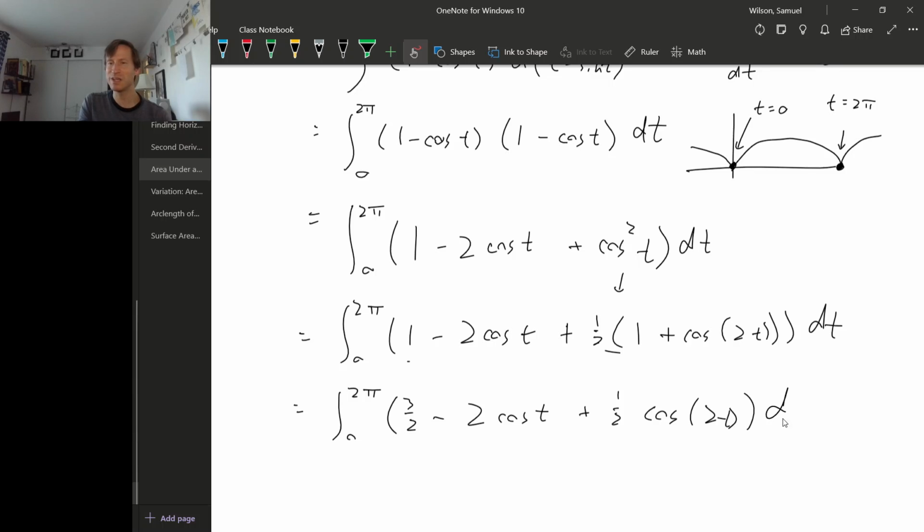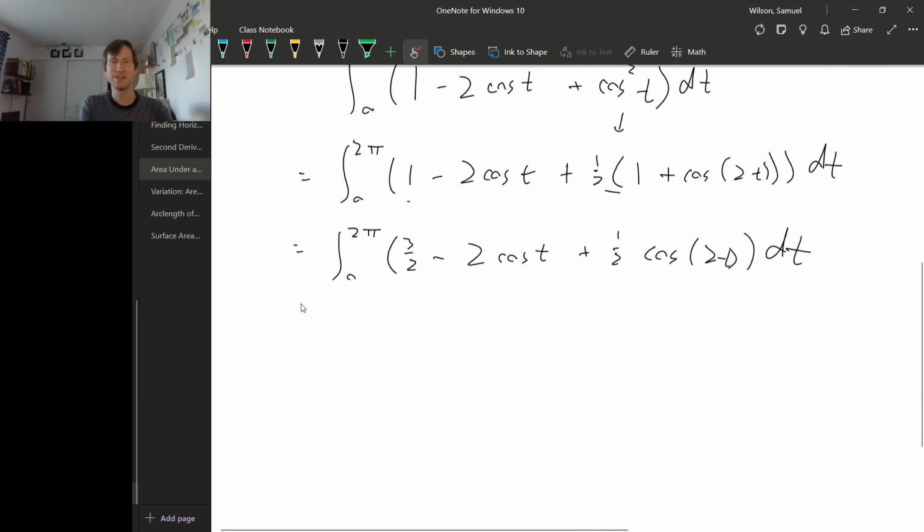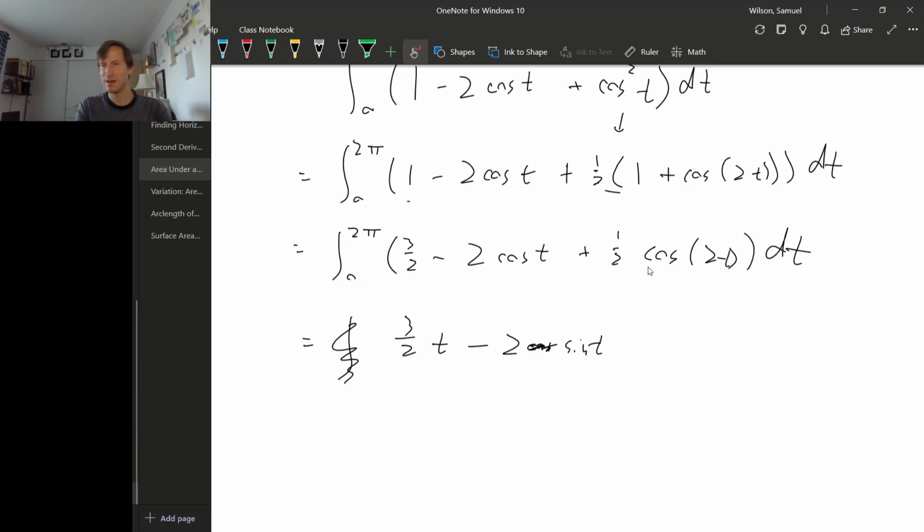All right, now we can write down an antiderivative. So this is 3/2 t minus 2 sine t, and then plus 1/4 sine 2t. So I get an extra factor of 1/2 because of a little u substitution that I have to do to handle that 2 right there.